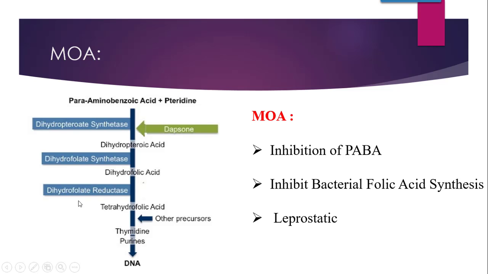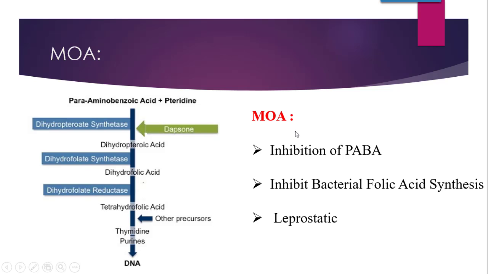These two enzymes are the major targets for sulfonamides, and dihydropteroate synthetase is the target of dapsone. This first step is inhibited, because of which the further consecutive steps will not occur, and ultimately DNA synthesis will not take place.